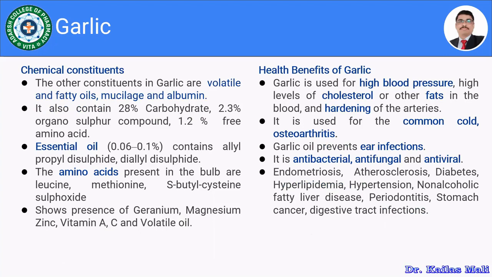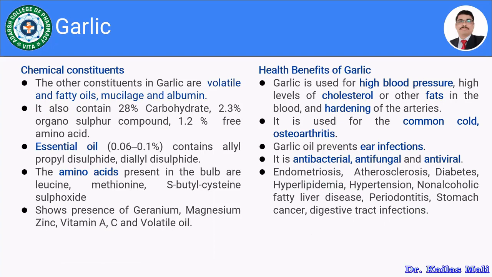The other constituents which are present in garlic are volatile oil, fatty oils, mucilage, and albumin. If you look at the percentages, garlic comprises around 28% carbohydrates, 2.3% organosulfur compounds, and 1.2% free amino acids.